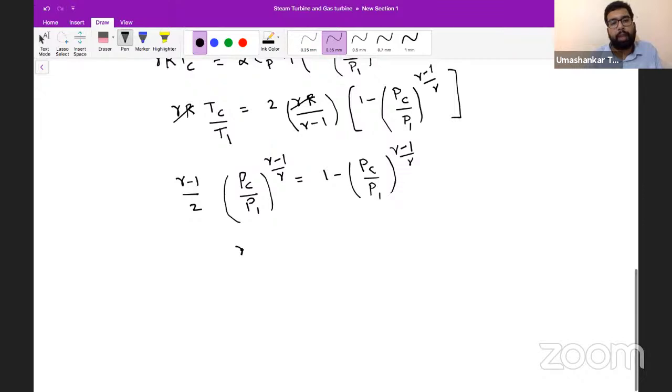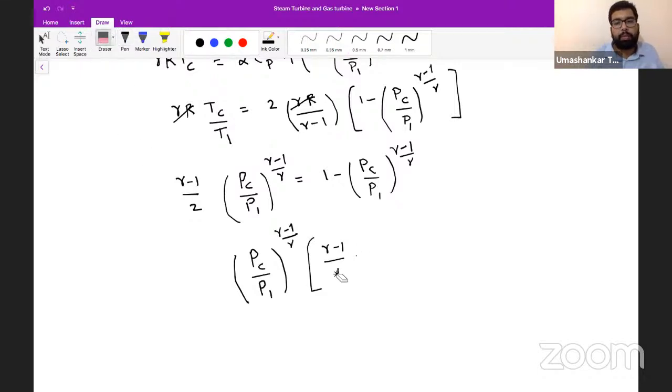So from here we can write gamma minus 1 by 2, or we can just take Pc by P1 to the power gamma minus 1 by gamma as common, giving Pc by P1 to the power gamma minus 1 by gamma, times gamma minus 1 upon 2 plus 1.